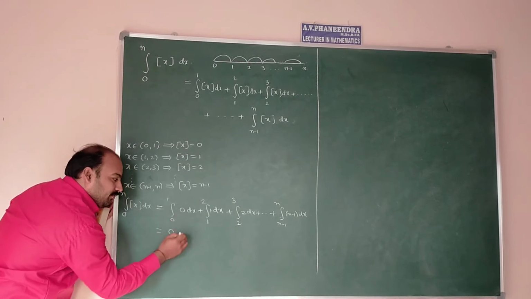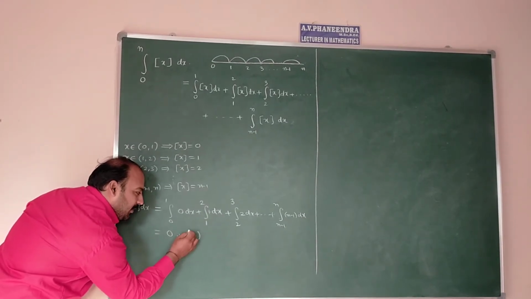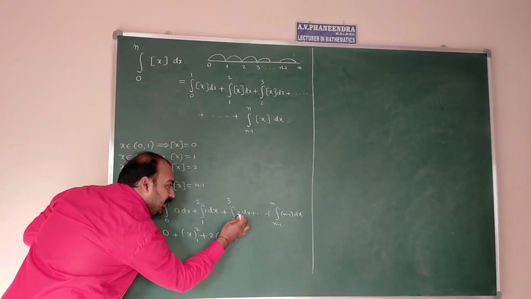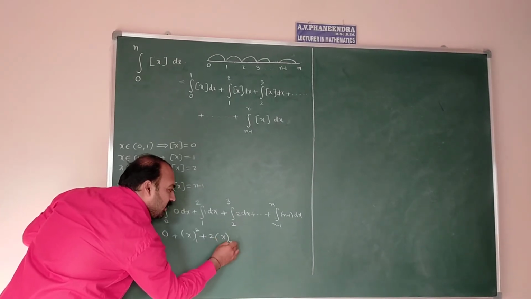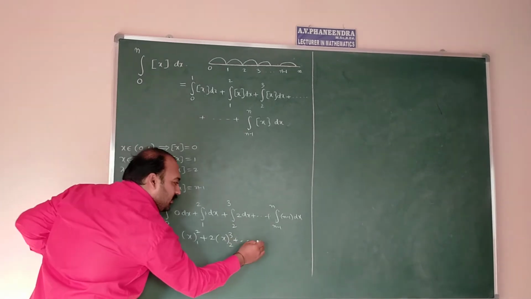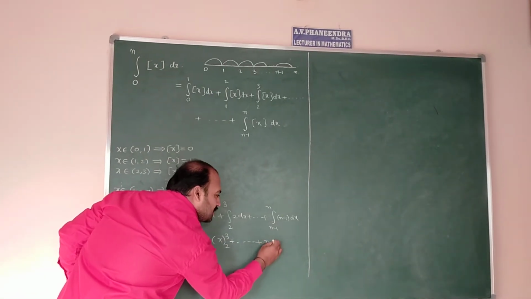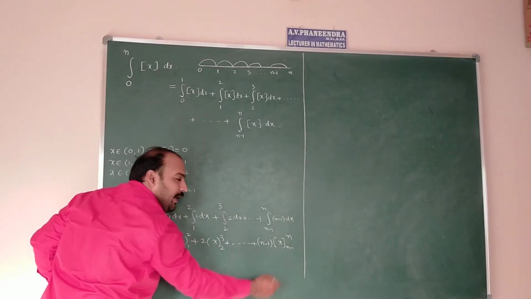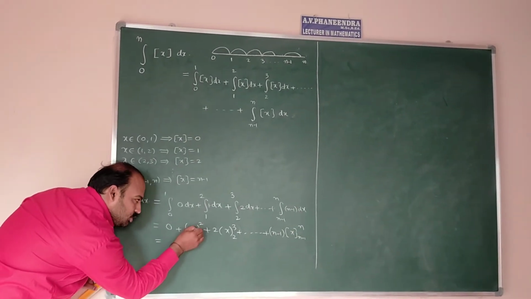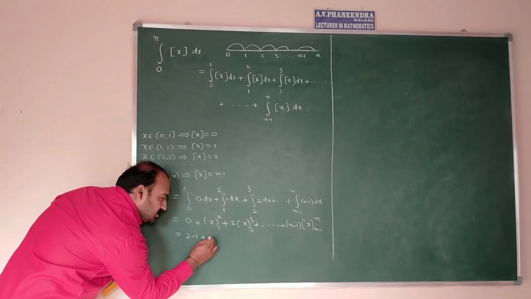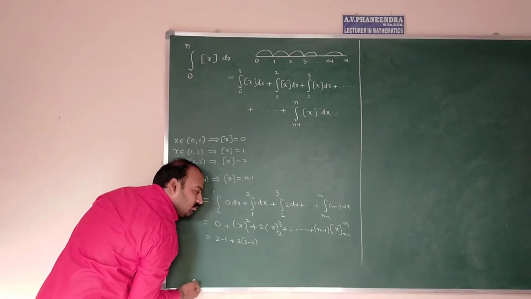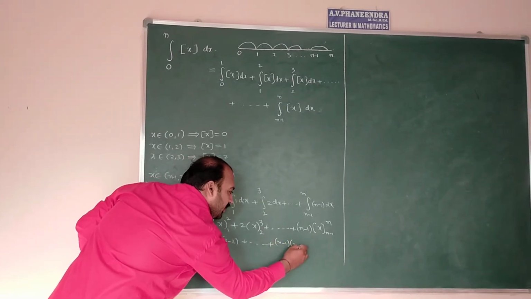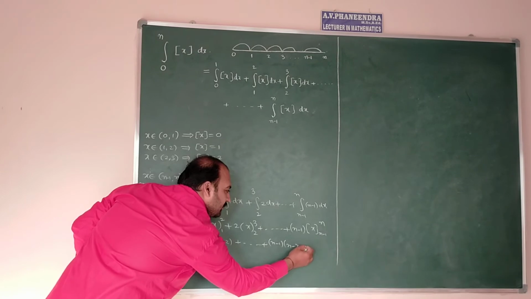This is 0 plus integral dx is x, applying the limits 1 to 2, plus 2 constant you can take outside, integral dx is x, applying the limits 2 to 3, plus and so on, n minus 1 constant you can take outside, integral dx is x, applying the limits n minus 1 to n. 2 minus 1 plus 2 into 3 minus 2 plus and so on plus n minus 1 into n minus of n minus 1, that means minus n plus 1.